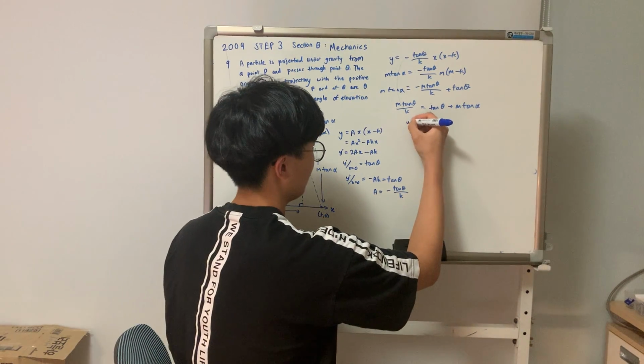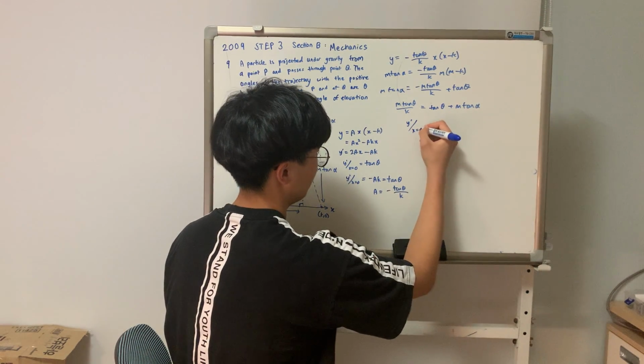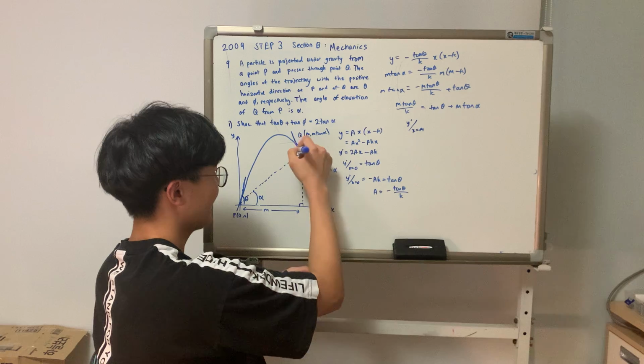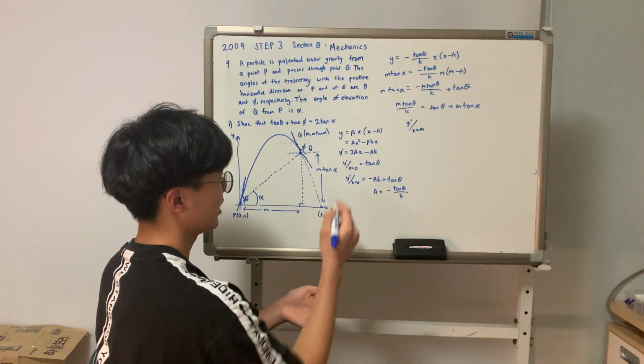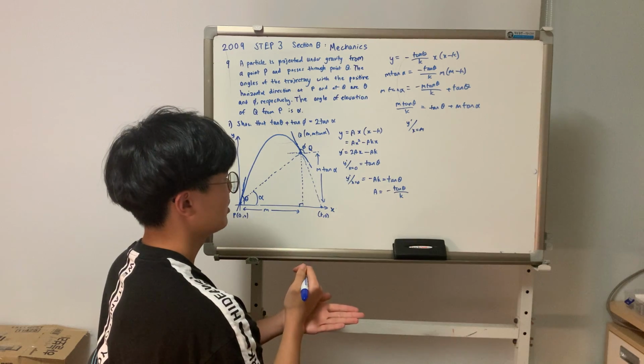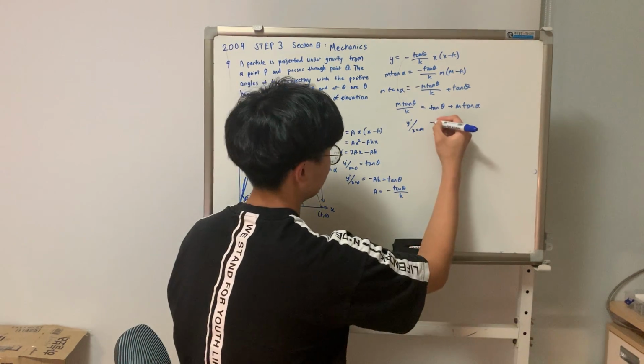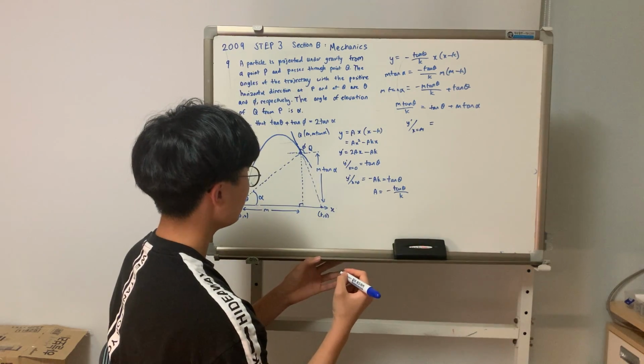And so we get y prime at x equals n, because the x coordinate of q is n. We get the y prime, the instantaneous gradient of the function over here at x equals m, is going to be equal to tangent phi.